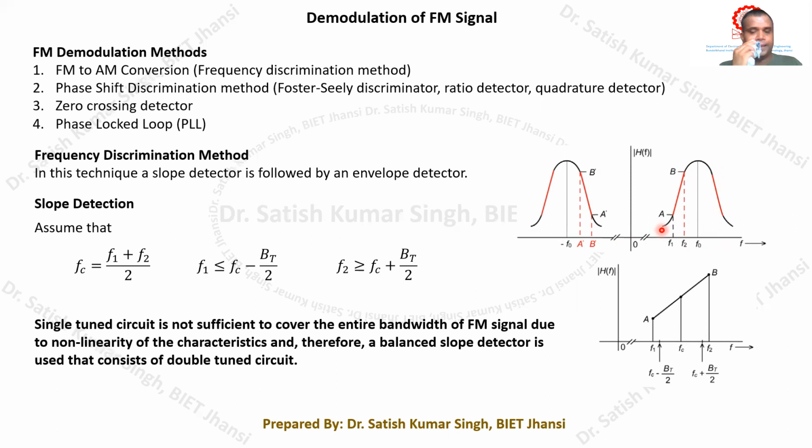Please try to understand this discussion. If you see this section, the gain is not changing linearly with the frequency; it has a certain curve. But if you see the section between A and B, it is approximated as a linear line.